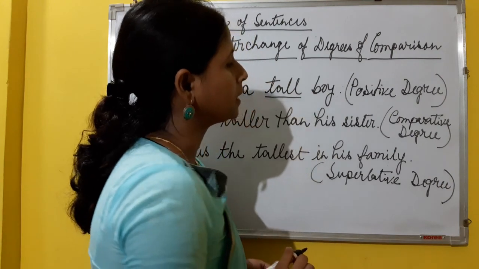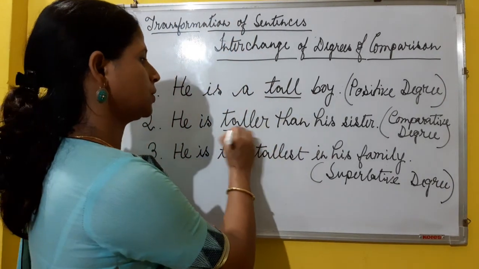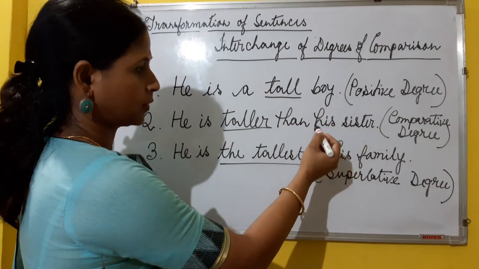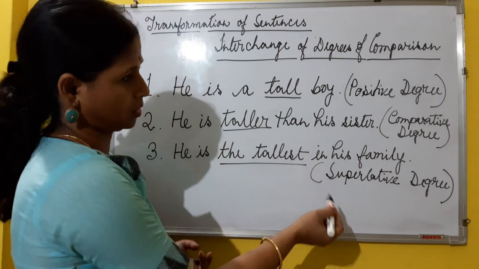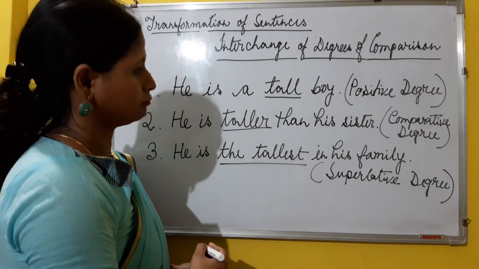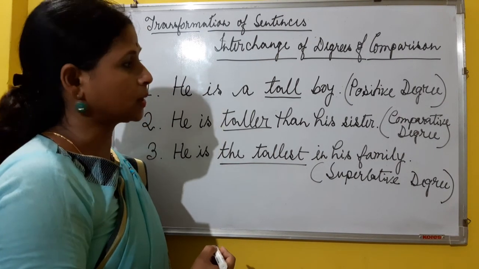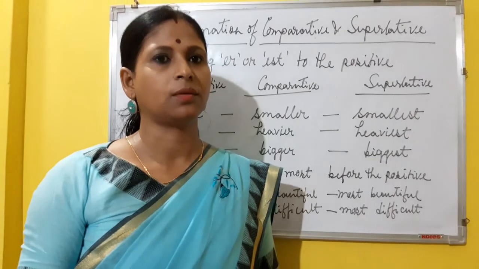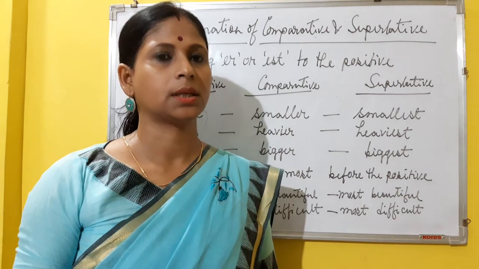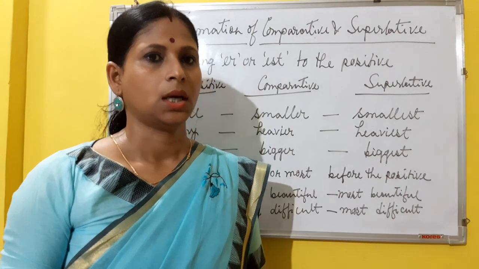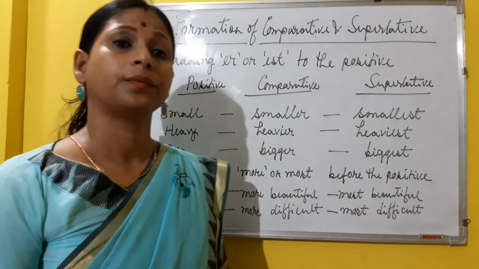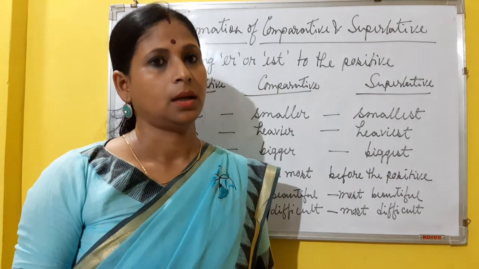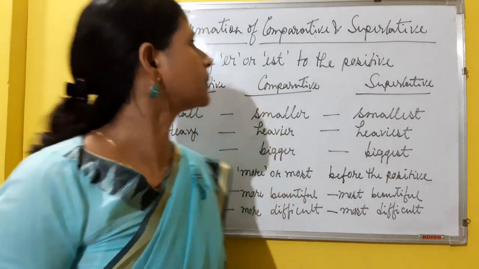Now we are to learn how we change from positive to comparative, from comparative to superlative, or vice versa. That is what we are going to learn today. Most adjectives of one syllable, and sometimes more than one, form comparative and superlative by adding er or est.